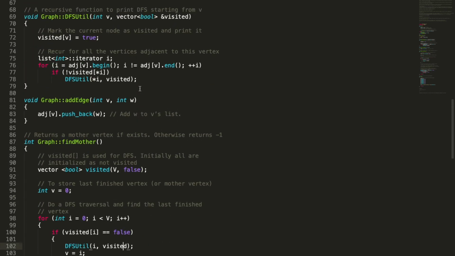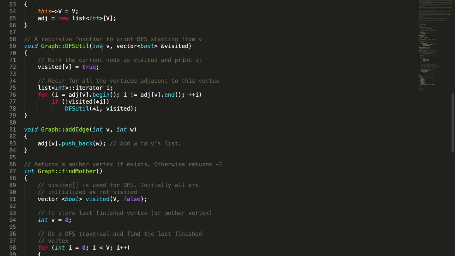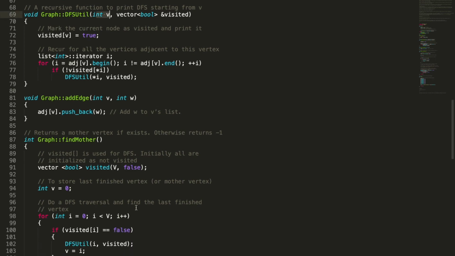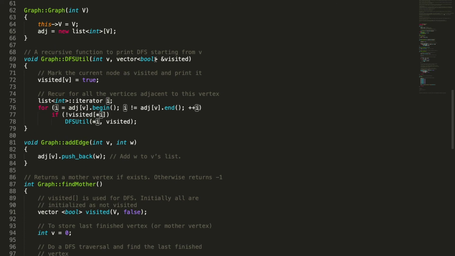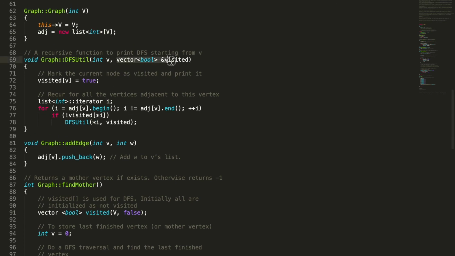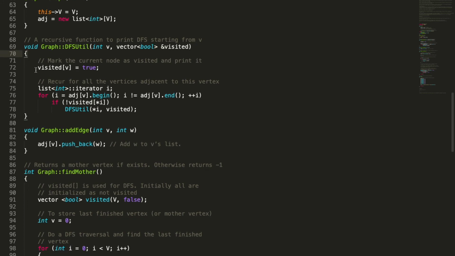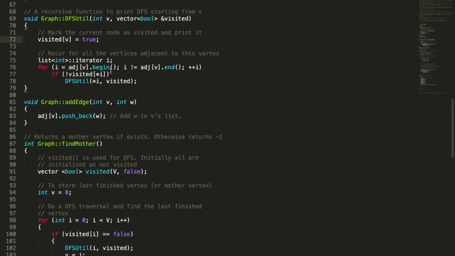First of all we have to call this thing. So we are going to jump to the DFS util function. The DFS util function will consist of the vertex as well as our visited vector. The moment you enter this function with this vertex, you are going to mark its status as true because you have visited that current node.